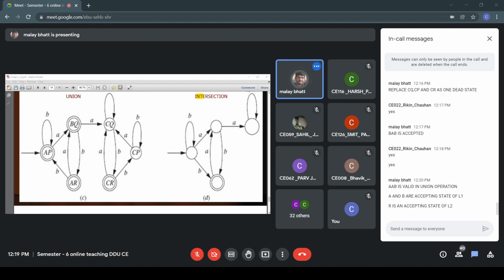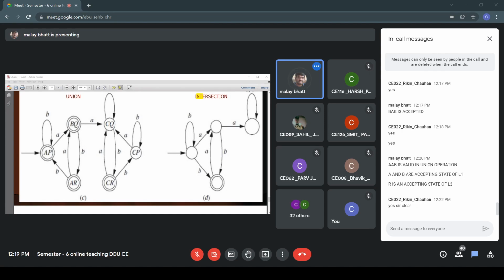If both the states are accepting states, then it will be the intersection operation. So in case of union, if any one of the states is an accepting state, then it is a union operation. Is this clear? Difference between union and intersection? Okay, so now let us proceed further.